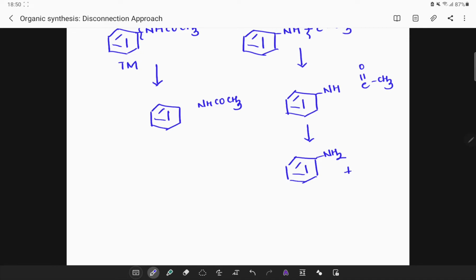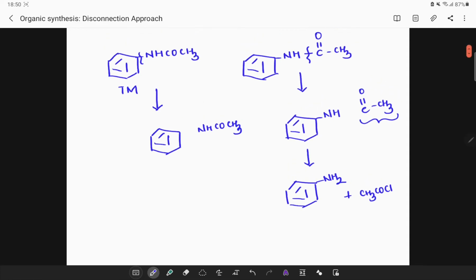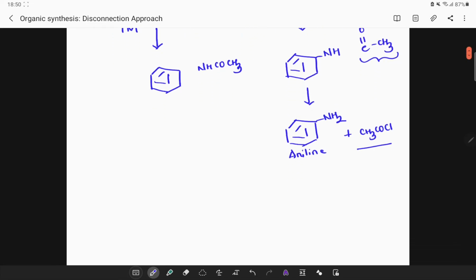Plus, if I want to do an acetylation on this aniline, the equivalent is CH3COCl. Now, when I design the molecule, aniline will react with acetyl chloride to give me my target molecule.